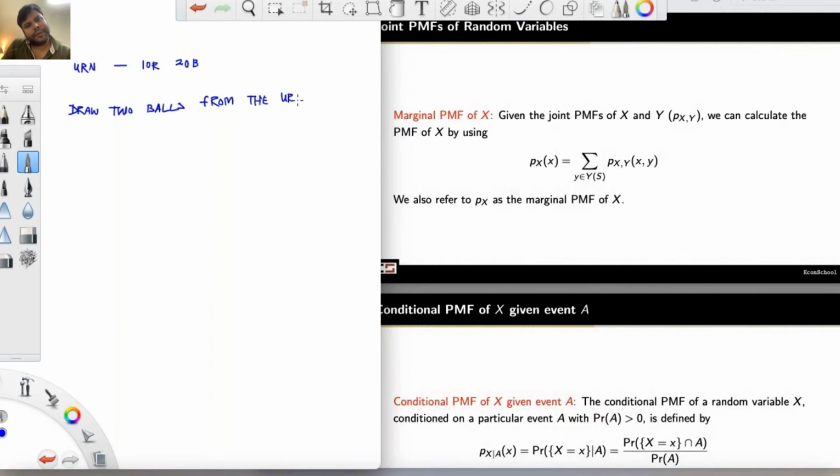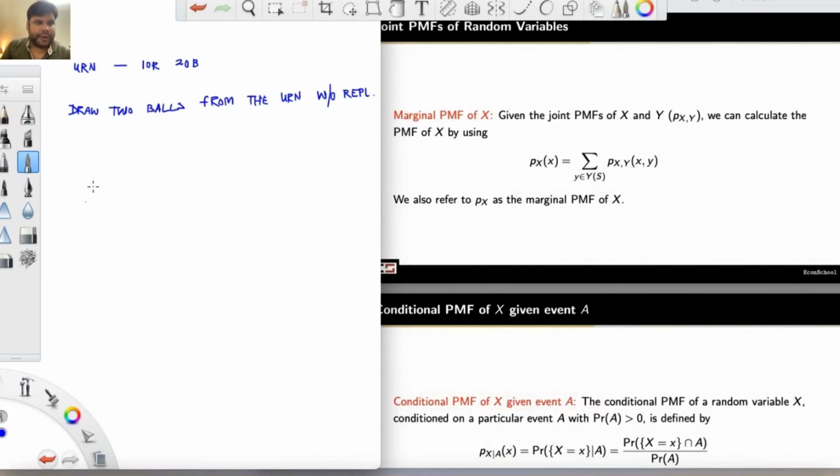So this is the experiment. You randomly draw 2 balls from the urn without replacement. Is that okay? That's the experiment.